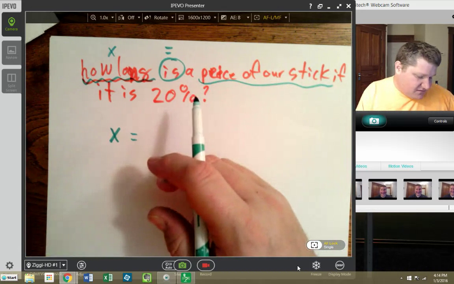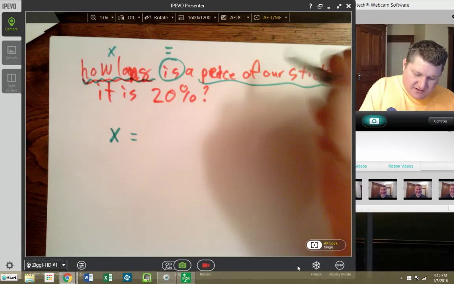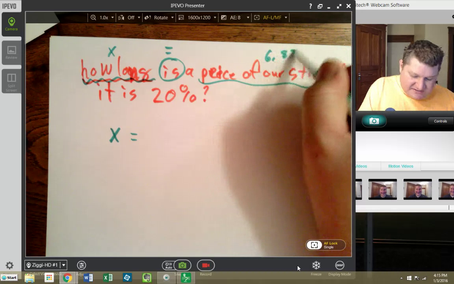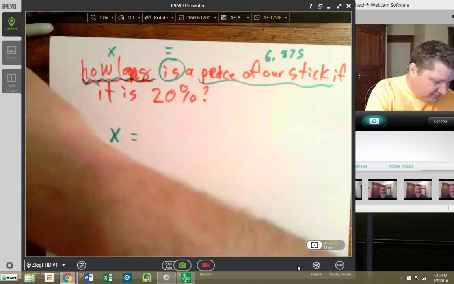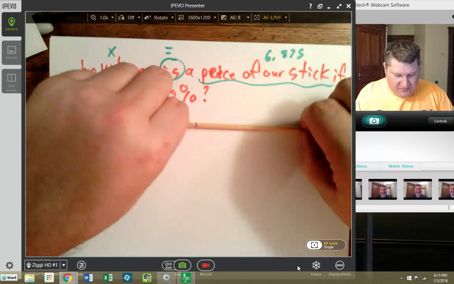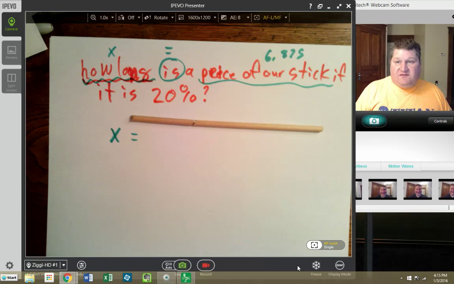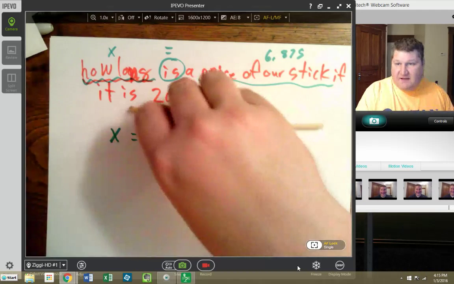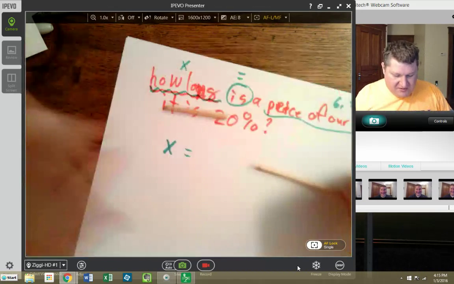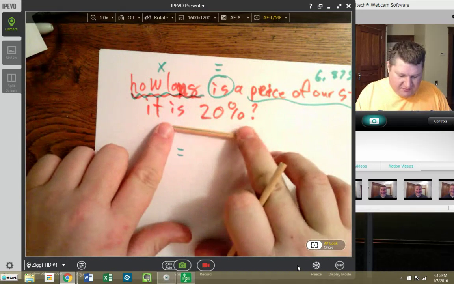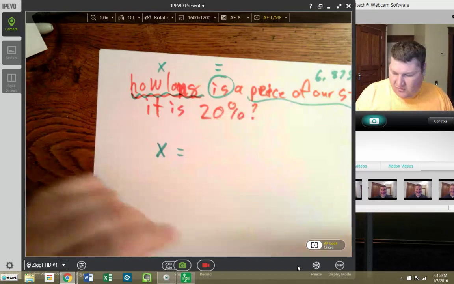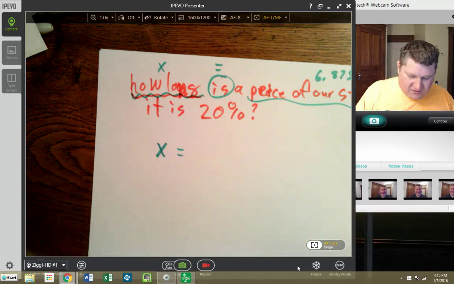Our stick, if I look back, was 6.875. If you'll remember this piece of stick that we were using, when I put it all together, it was 6.875 long. So we have that. So the question is, how long would the piece be if it represents 20%? Well, remember, this was about 33%. So we'll see how long that goes.